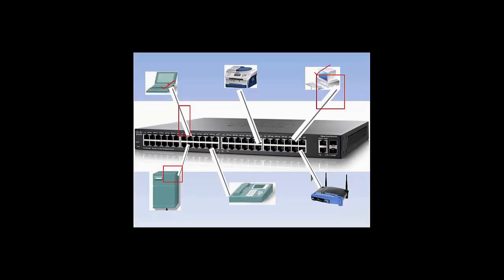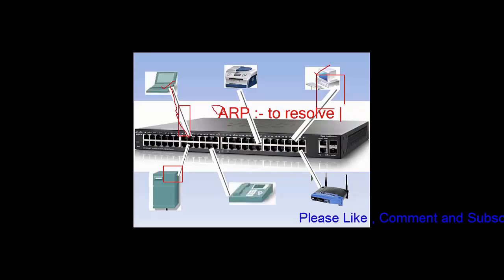When this particular packet or frame reaches this port, this processor does not know about the destination where it has to send this frame. So with the help of a protocol known as ARP, address resolution protocol, to resolve IP to MAC.